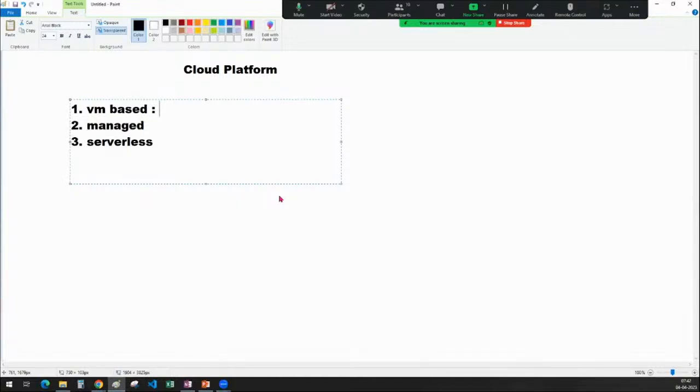One is VM based, people call it VM based. Second one is managed instance, managed services or fully managed services, and third one is serverless. Okay, these are the three categories. What do you mean by that, sir?